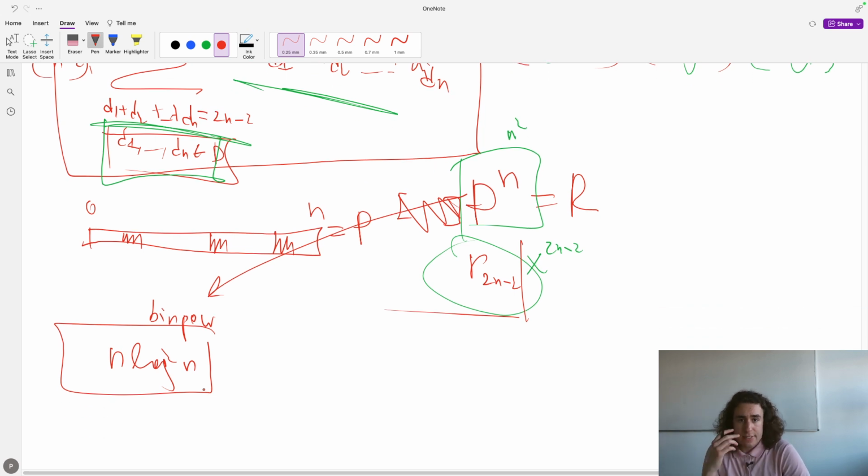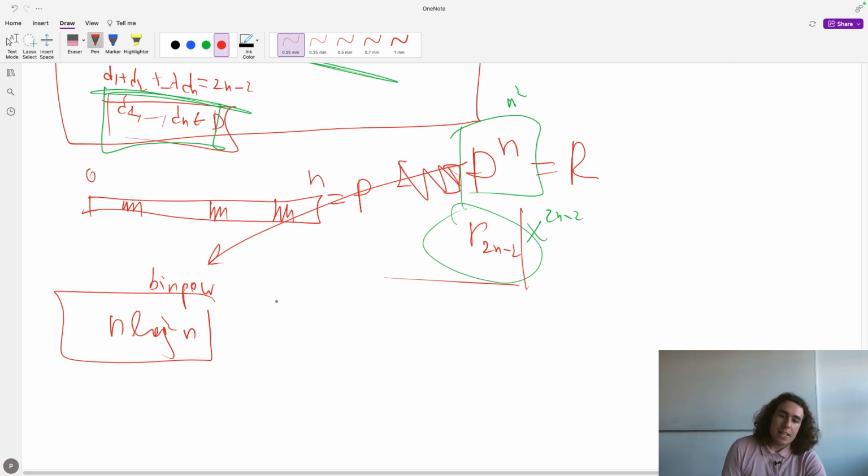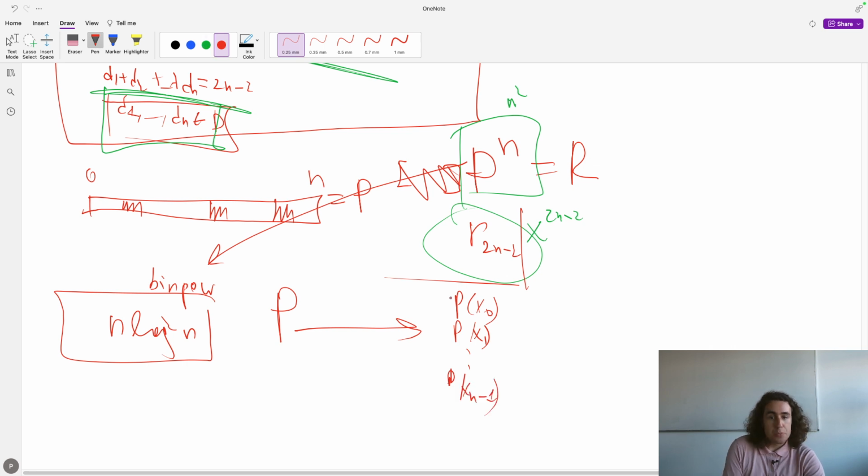Note that you could think about a different solution, right? Because what does FFT do? We take a polynomial p, we go into its value representation, right? p of x1 and so on, p of x n minus 1. And then if we have value representation, it's easy to power our polynomial. We can just binary exponentiate all these values, and then we can try to go back.